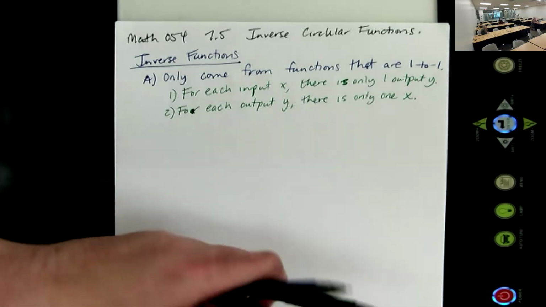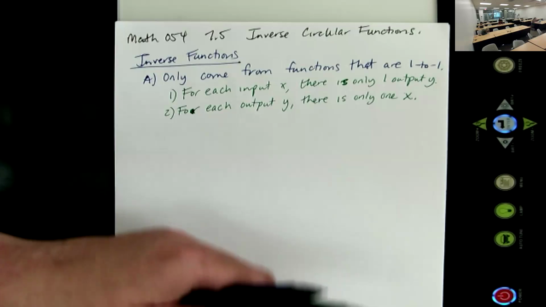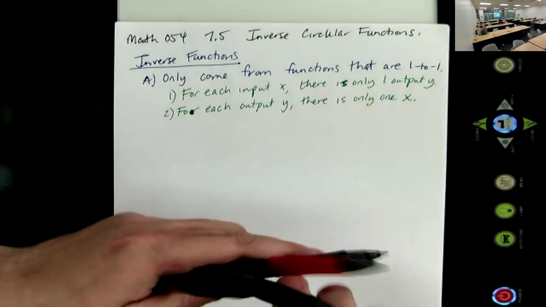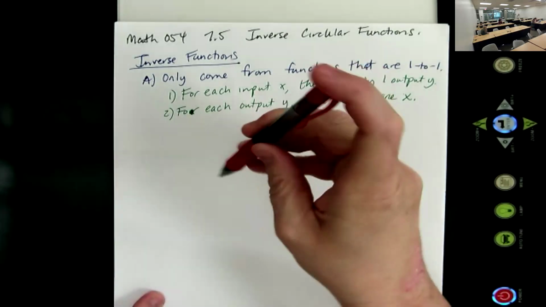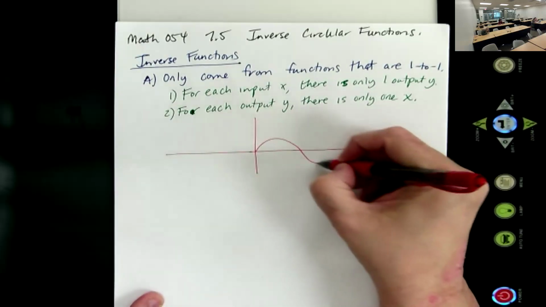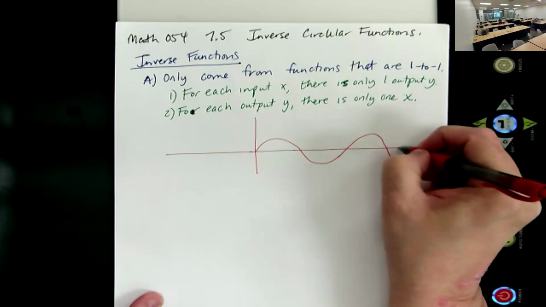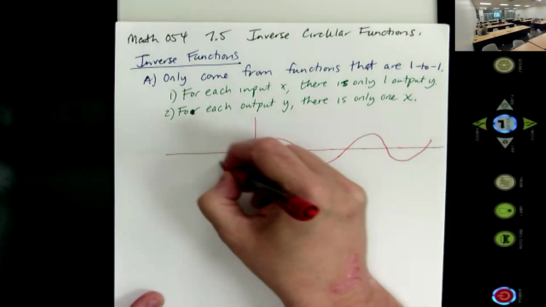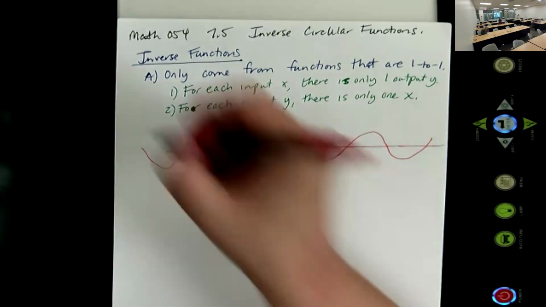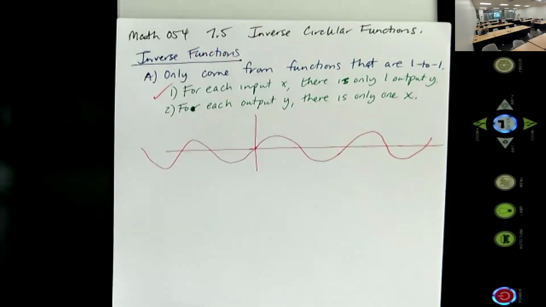Which means our sinusoidal waves, our trig functions, are a problem. Think about sine real quick. Sine is sufficient to illustrate the idea. The first condition is met easily.